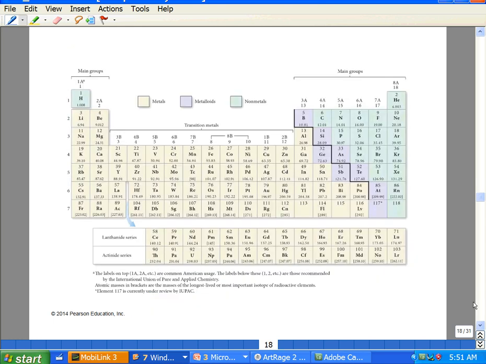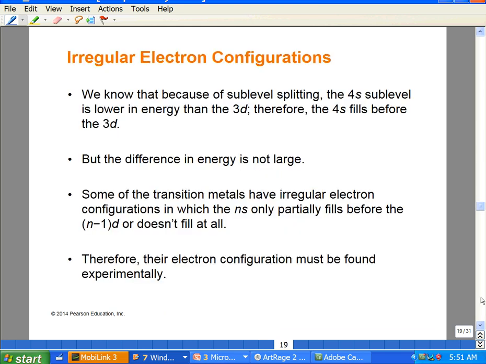But down here in this D block, where the transition metals are, there's sometimes some irregularities. We expect the electrons to feel a certain way, but experimentally, when we go in the lab and do an experiment to see if it syncs up with what we expect, it doesn't necessarily do that.